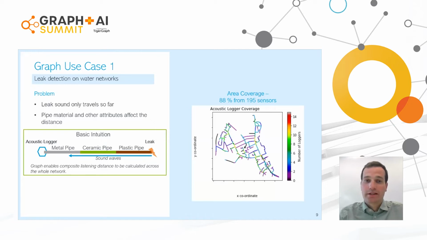So this is what that looks like. This is an area of our network. It's actually quite a large area in terms of their water mains, so some of the larger pipes which connect between housing areas. And you can see different colors on this chart, which represent the number of loggers which can hear that pipe.